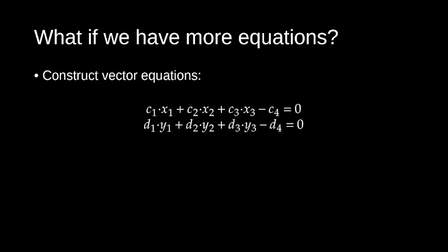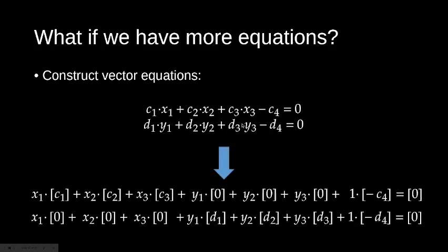So now rearrange both for 0, and we'll turn those into vector equations. So again, x1 times c1 plus x2 times c2 plus x3 times c3, and here we have y1 times d1 plus y2 times d2 plus y3 times d3, take d4 equals 0. And we also have to include every unknown in every equation.